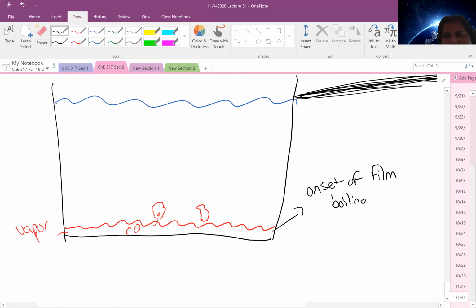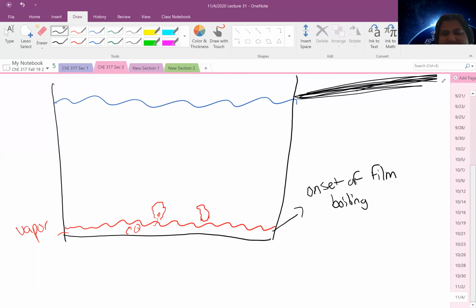The issue that we have, though, is the energy required to boil a liquid is extremely high, and we quantify it through our enthalpies of vaporization, correct? And when that energy is no longer going into vaporizing the liquid, it's going into increasing the temperature of the vapor at the interface.